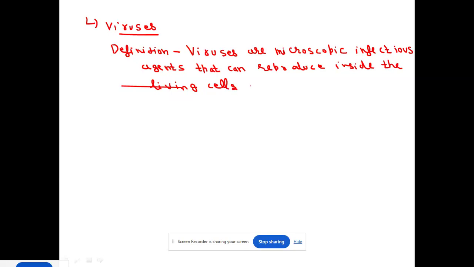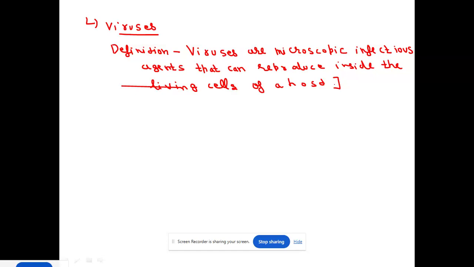So, living cells of a host, I can say. So, viruses are microscopic infectious agents. Microscopic, they are very small. They are going to cause the infection. So, I can say infectious agents that can reproduce inside the living cells of a host, because we know cell is the basic structural and functional unit of life.